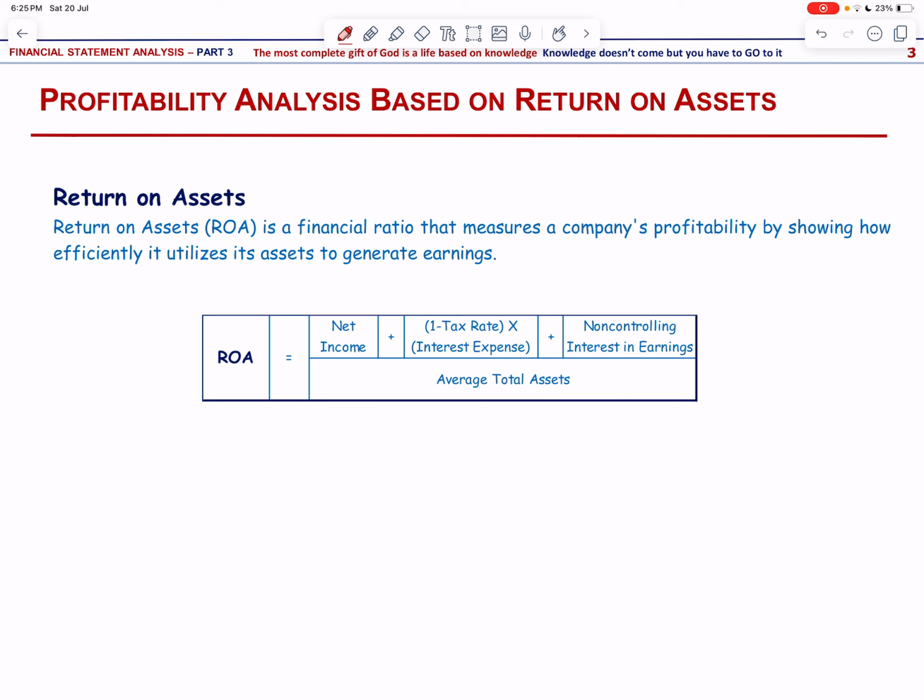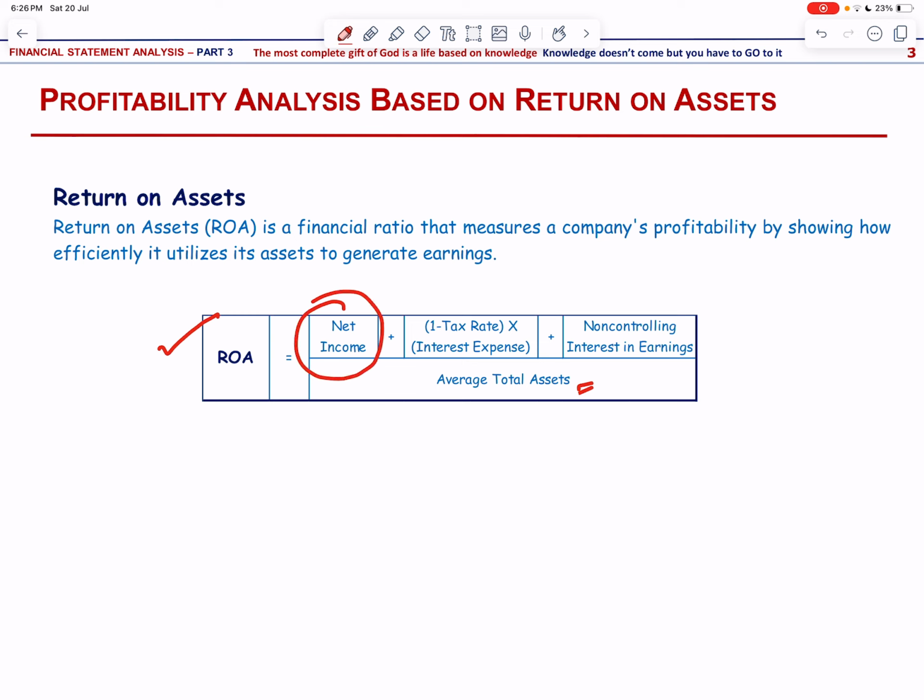It is calculated as net income plus (1 minus tax rate) times interest expense plus non-controlling interest in earnings, divided by average total assets.